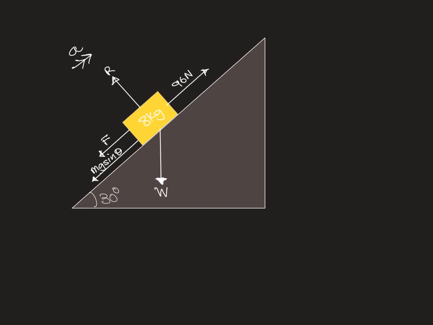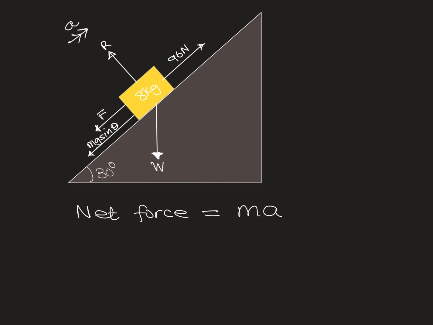Now we know that if there is an acceleration, there has to be a net force. So the net force is equal to MA. So what will give the net force? It will be the applied force minus the sum of the downward forces, which are F and mg sine theta. So this is equal to MA.